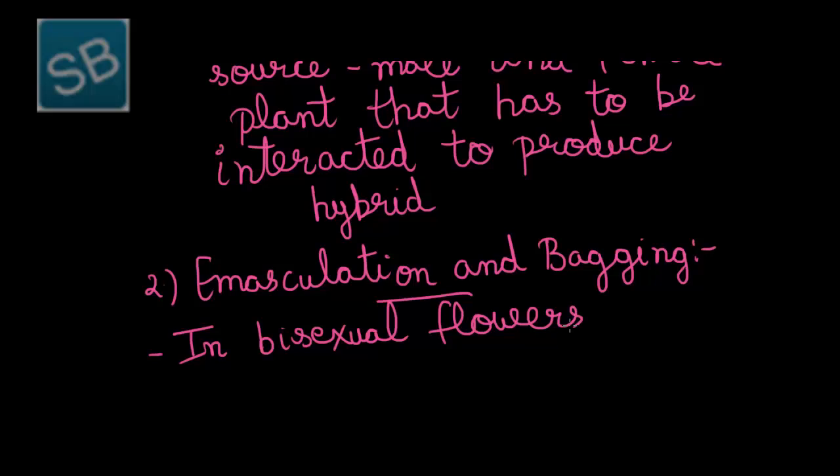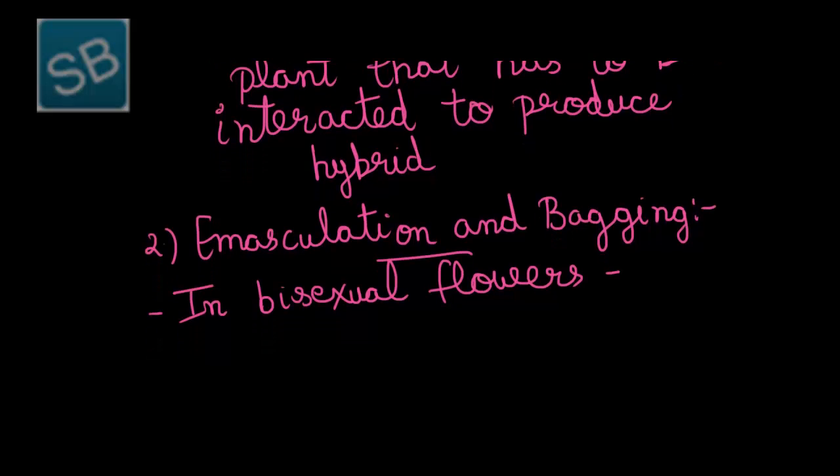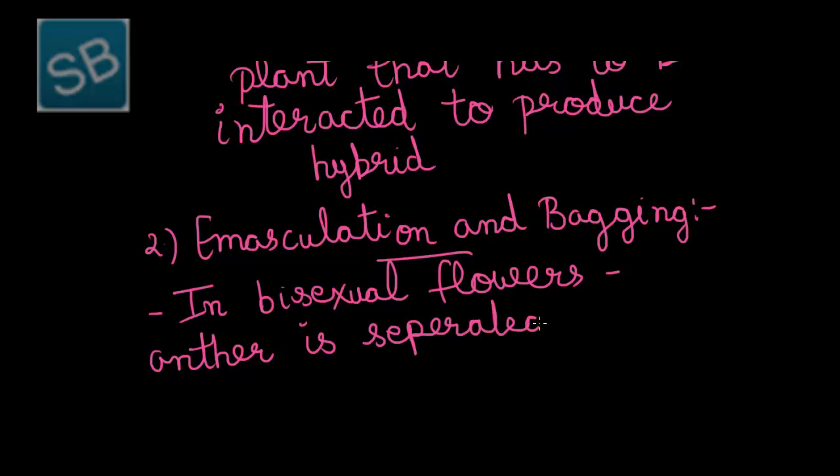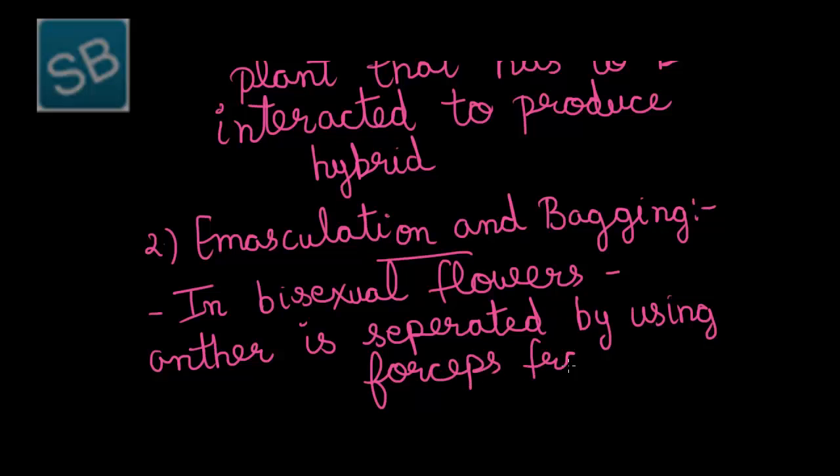This technique is generally used for bisexual flowers. In such flowers, the anther, that is the male part, is separated by using equipment like forceps from the stigma of the flower, that is the female part.